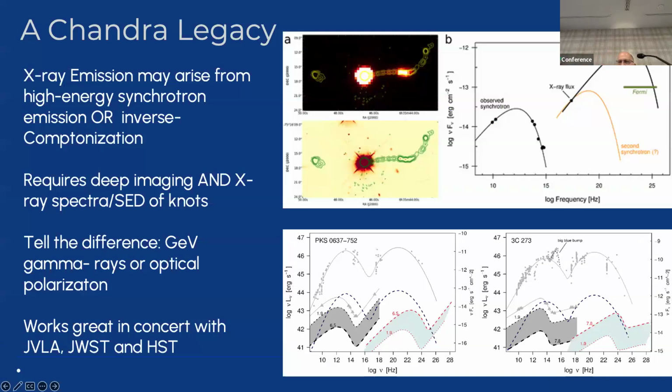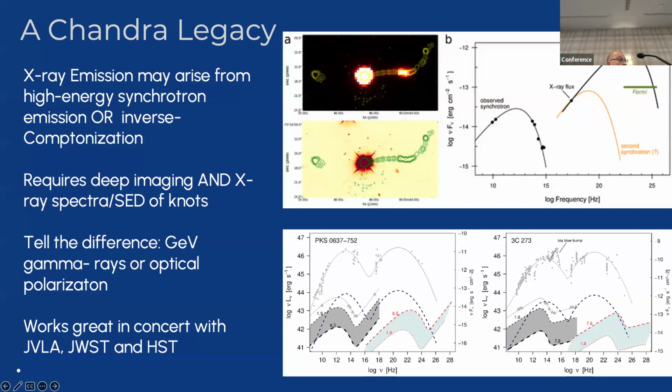Now, as Eileen and her group, and I've been in on this too, have done, another way you can tell the difference is by looking at the extreme high energy tail of that second emission component and look for whether it is emitting GeV gamma rays.